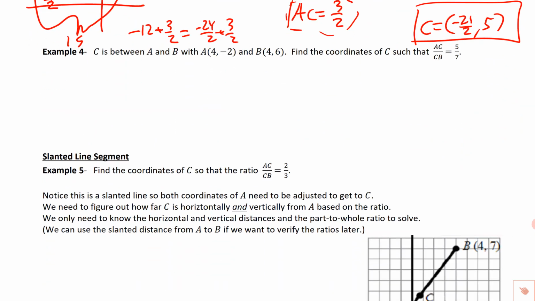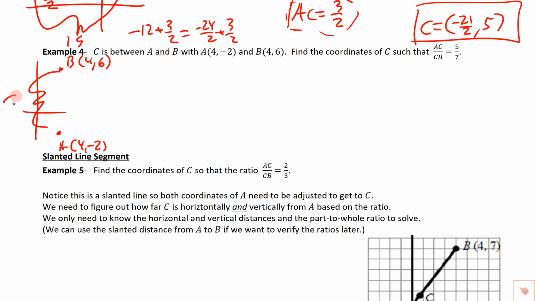So let's come down and take a look at this one. This one's a vertical line. So let's see. A is at 4, -2. And B is at 4, 6. Angela, can you tell us the entire distance from A to B?